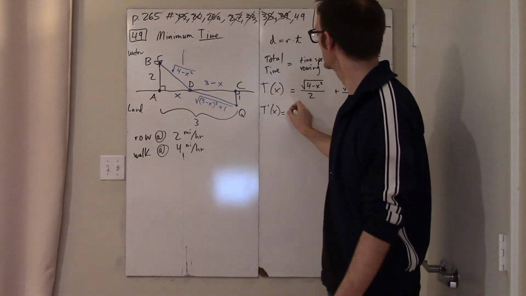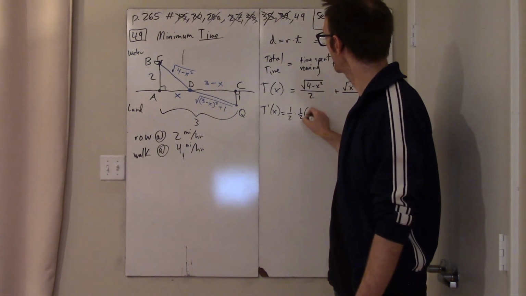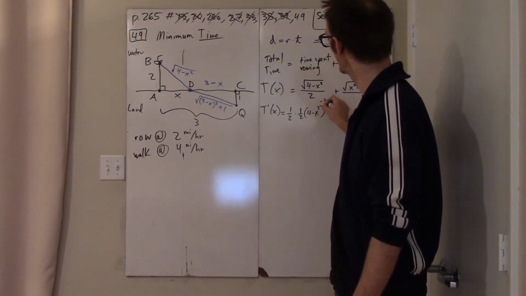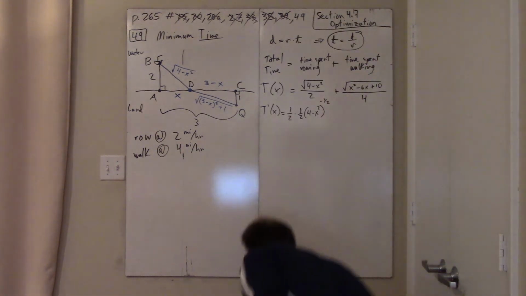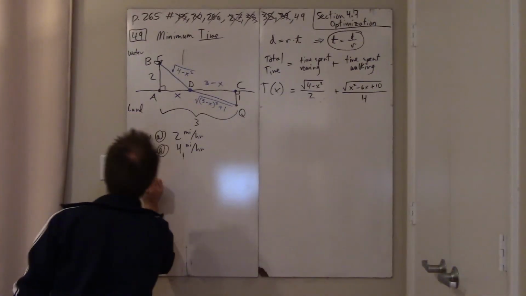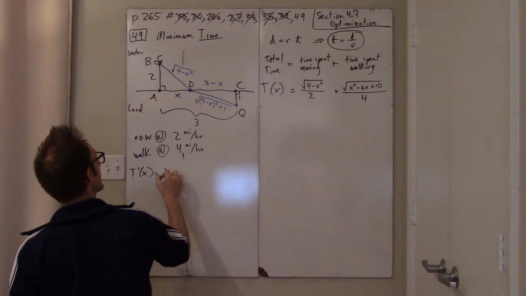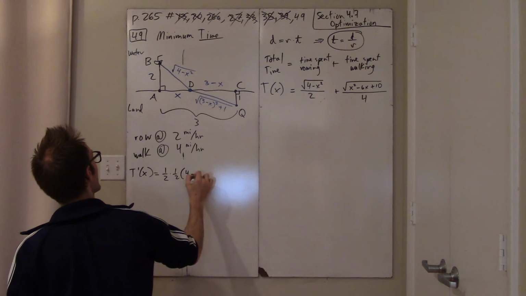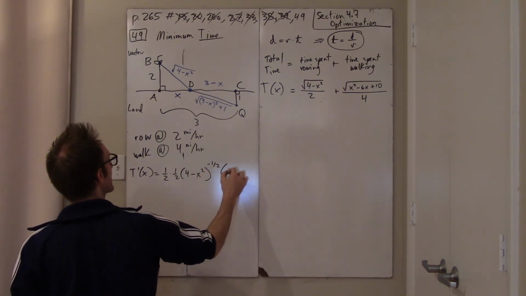What's the derivative here? It's going to be 1/2, because of the 1/2, and then the derivative of this is going to be 1/2 (4 minus x squared) to the negative 1/2 back inside. Maybe I want to do this horizontally, down here. Okay, so let me differentiate here so I can go across. So t prime of x is 1/2, and then the derivative of root 4 minus x squared is 1/2 (4 minus x squared) to the negative 1/2 back inside negative 2x.